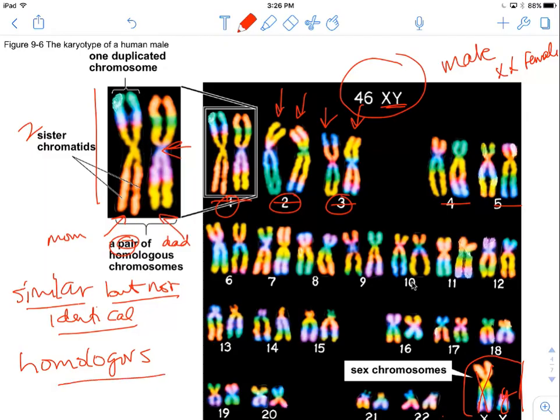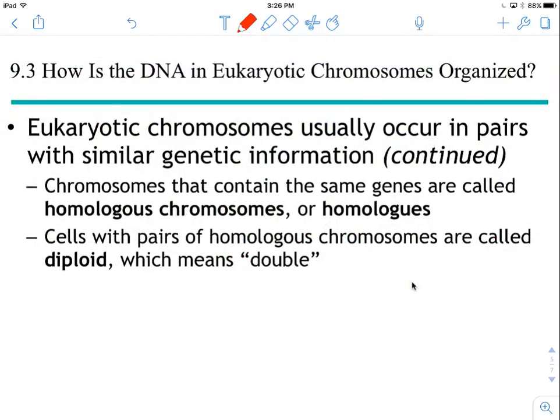So let's talk a little bit more about the homologous pairs. Chromosomes occur in pairs, okay? Similar genetic information, but again, not identical. If you have chromosomes that contain the same genes, they are called homologous chromosomes or homologs.